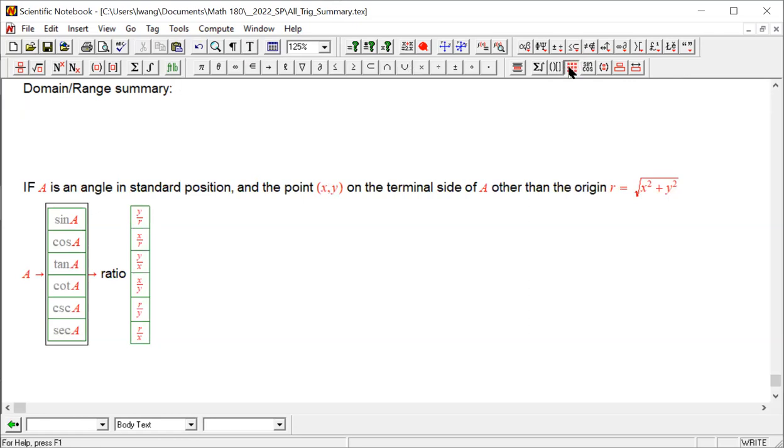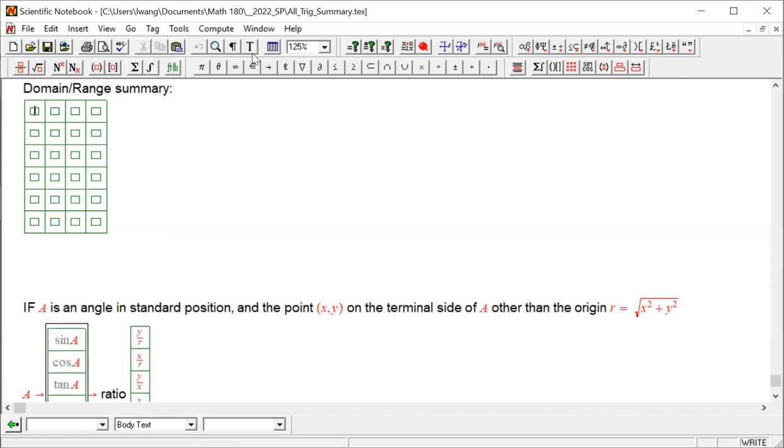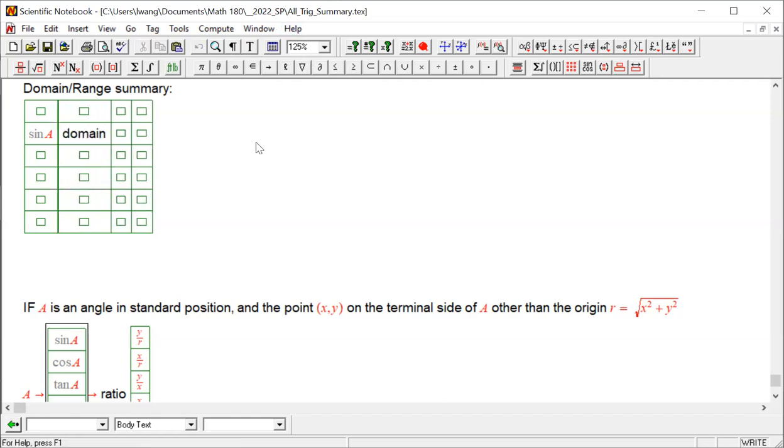Domain and range. When we look at these functions, for sine, the domain, we know it's all real numbers. So let me put it here. Sine. The domain: all real numbers.